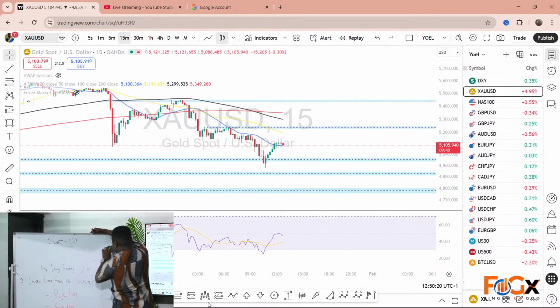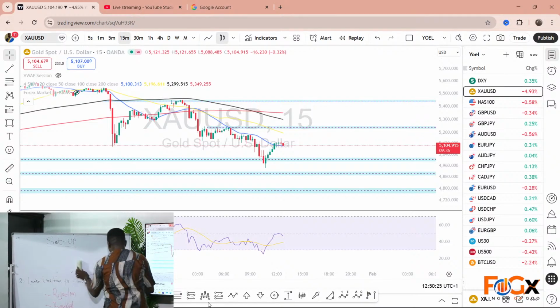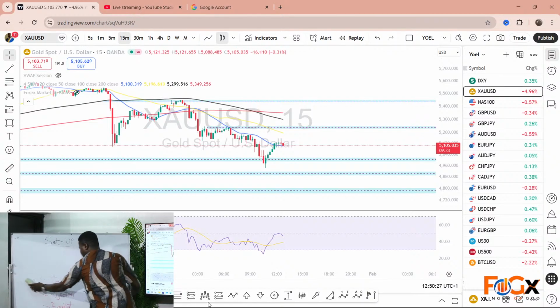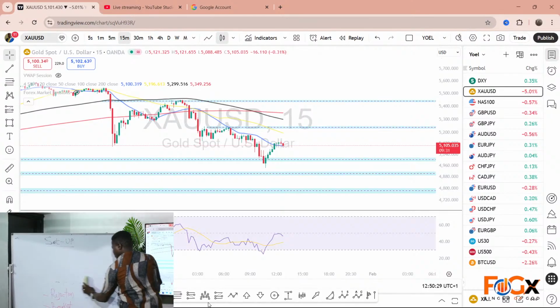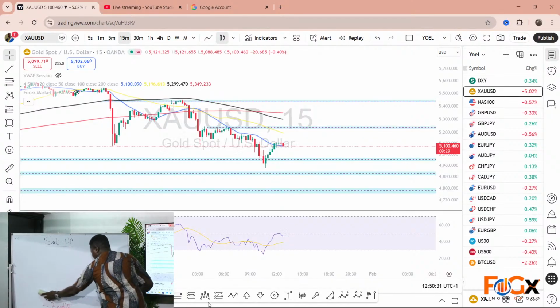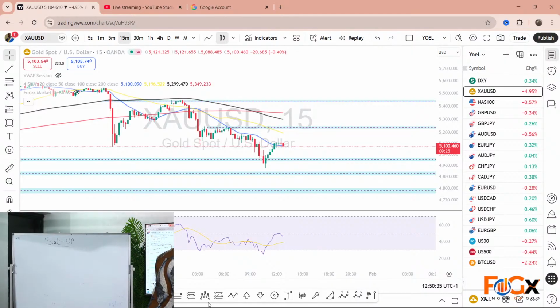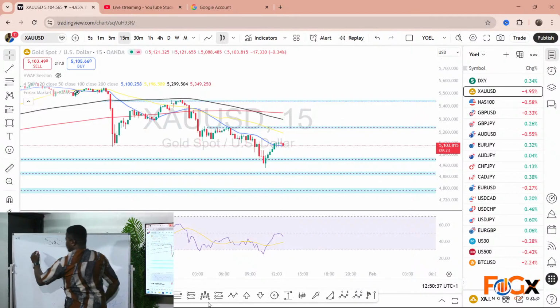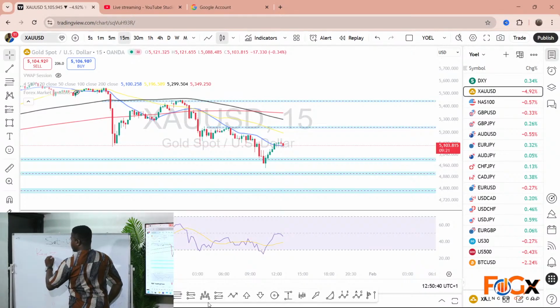Now, this is how you can attack a breakout. Key zone, rejection. These are the two likely things that will happen. Rejection, then breakout.